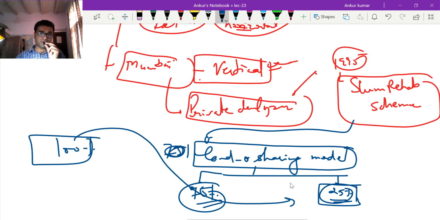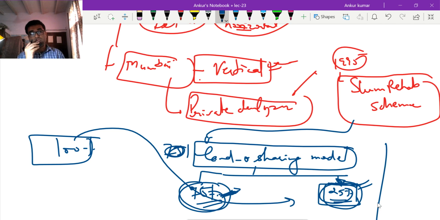In the name of vertical development, private developers squeezed the people into this 25% land, and they earned the profit from the 75% of the land and the slum development, and they sold these buildings in the market. This became the main reason for the vertical growth of the slums in Mumbai.